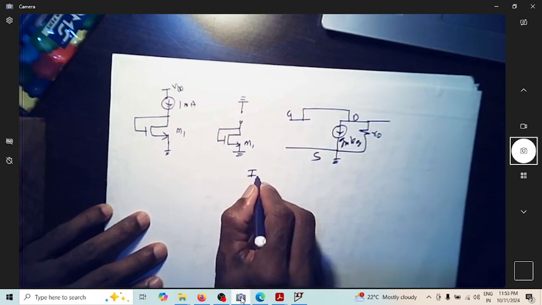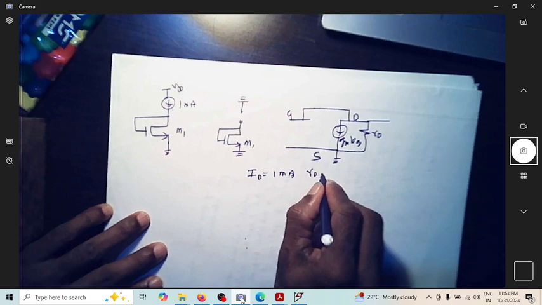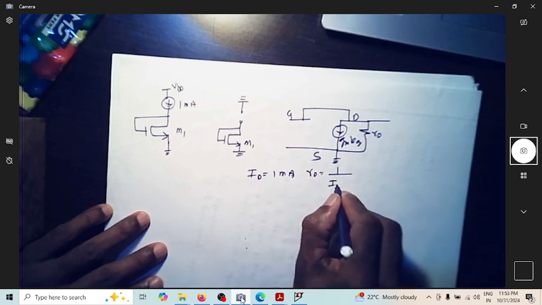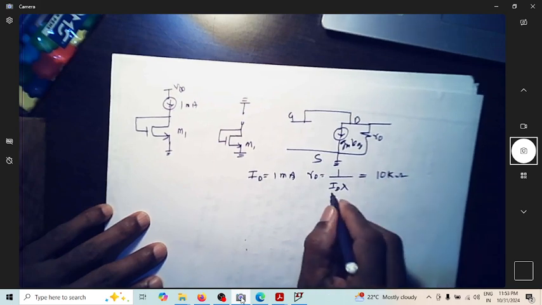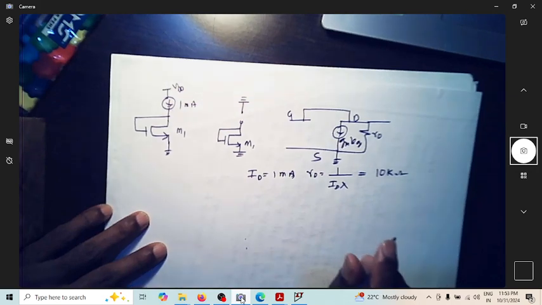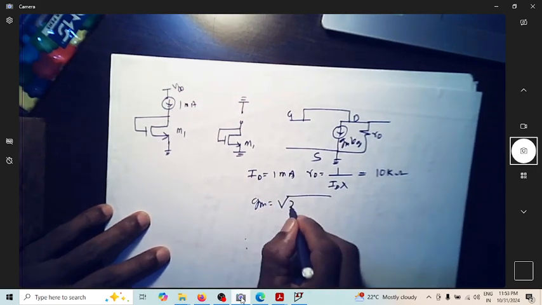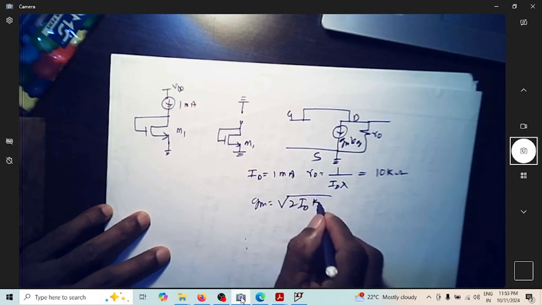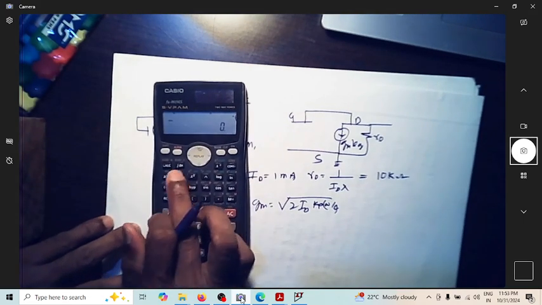Since ID is 1 milliampere, we can find what R0 is. R0 is 1 over ID into lambda, which happens to be 10 kilo ohm. Of course, 1 over 0.1 milli is 10 kilo ohm. How about GM? GM is equal to under root of 2 ID Kp into W by L. So everything is known.